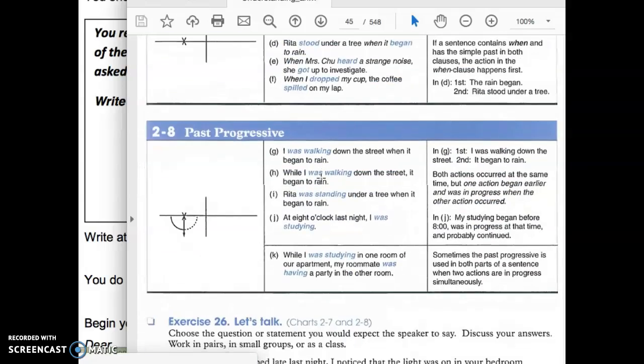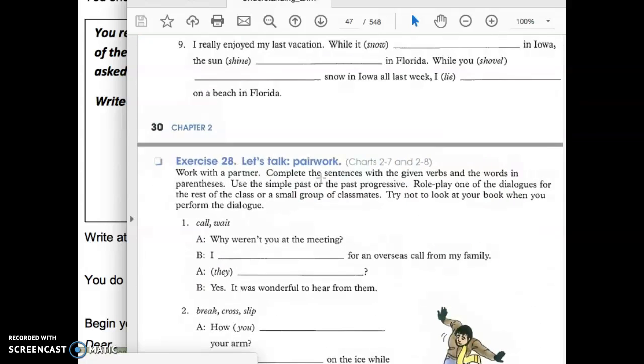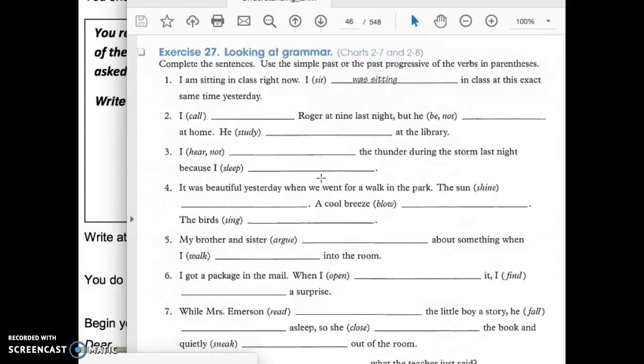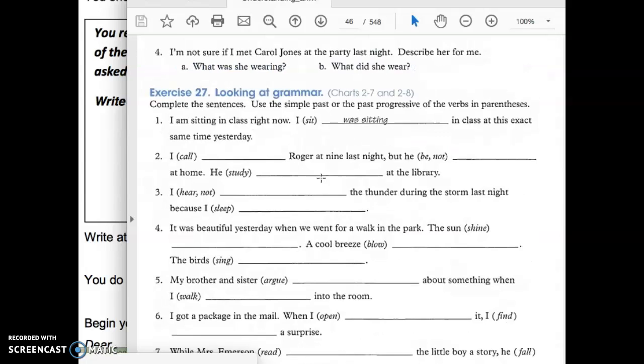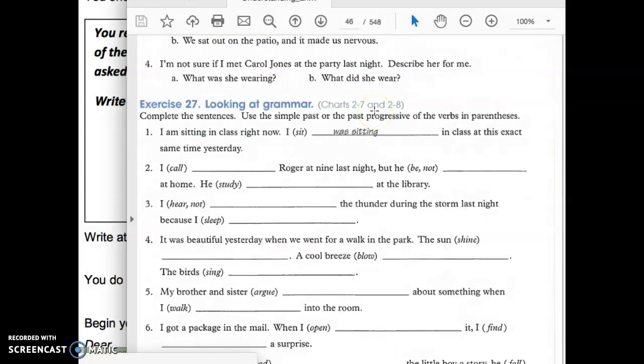Okay, here we go. So page 30, that's an exercise. I noted everything, I wrote down everything. So, practice 8.